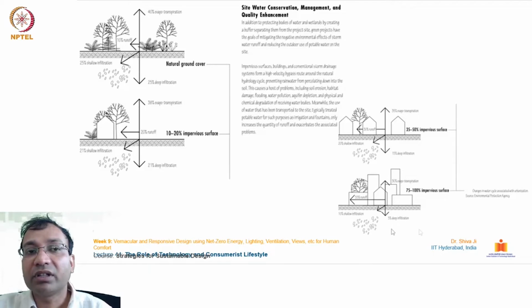This is a worrisome situation, which causes a scarcity of water at the top soil level. So we must take care of these situations in pervious site design, where the top surface is taken care of.